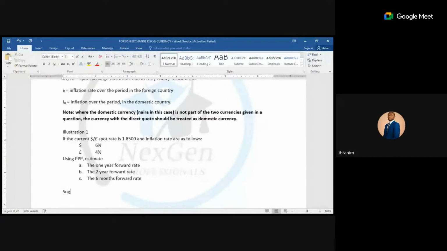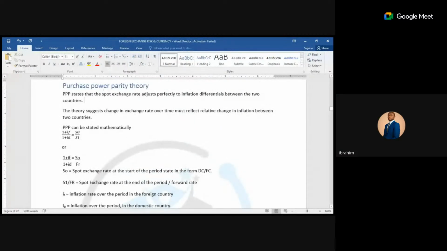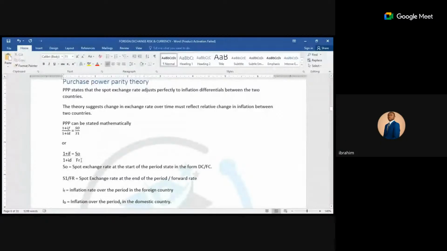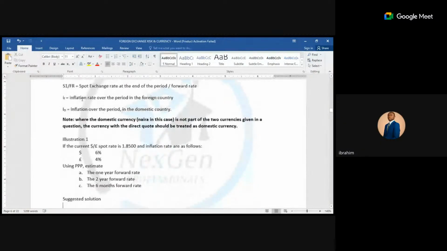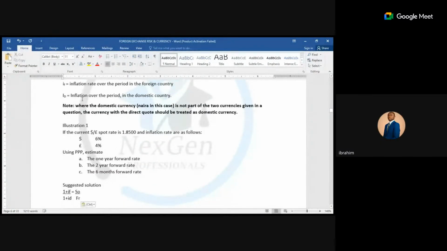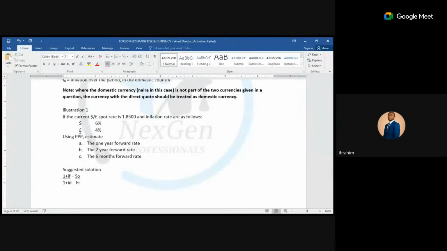Now, my question is, how do we identify? What is the formula? Suggested solution. What is the formula for calculating the forward rate under the purchasing power parity? I can just go straight. I can have FR, I will just use this instead of doing that long thing.